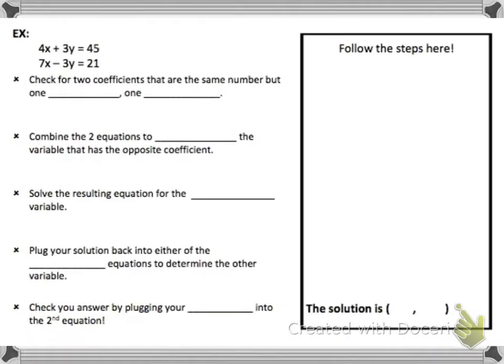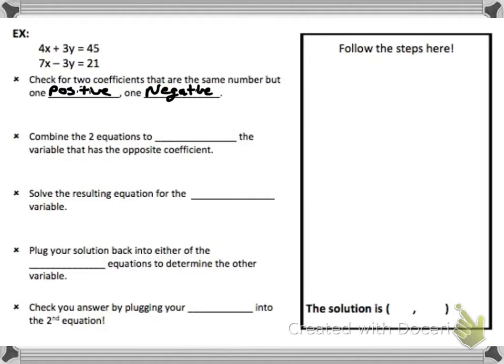What if we have 4x plus 3y equals 45 and 7x minus 3y equals 21? We're going to check for two coefficients that are the same number, but one is positive and one is negative.